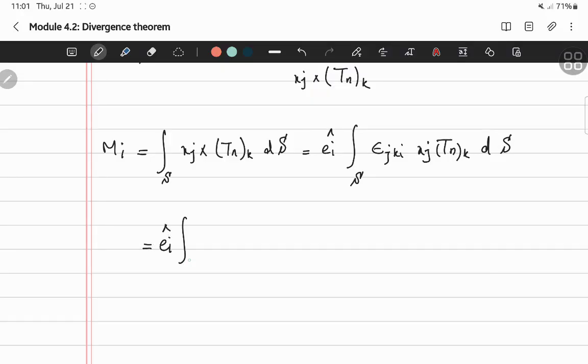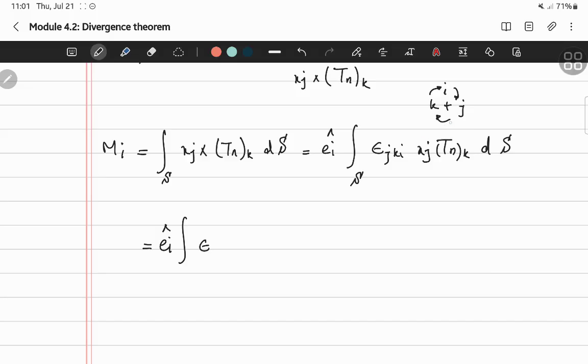where I'm going to write this as e_i epsilon_jki. So we know that we have ijk, and it is positive if we basically have this direction, the clockwise direction.